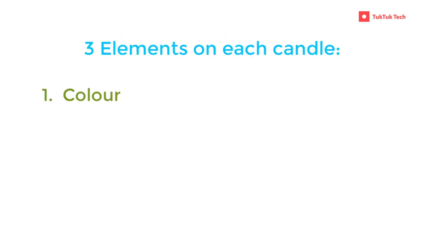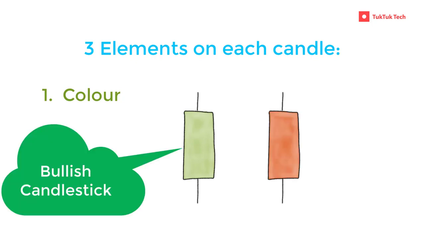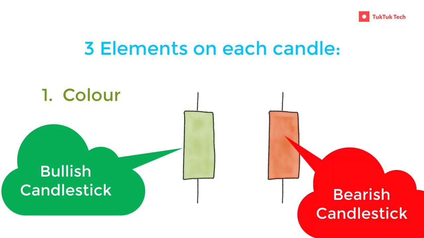Color tells you the direction of movement within the period. Green candlesticks indicate upward movement, and red ones indicate a downward move.